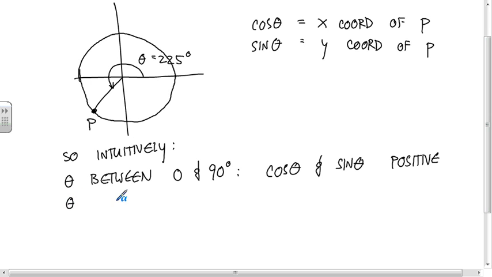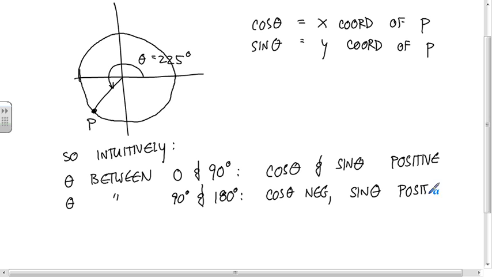If theta is between 90 degrees and 180 degrees, what should the sine and the cosine be? Yep, that's exactly right. So the cosine should be negative. The sine should be positive.